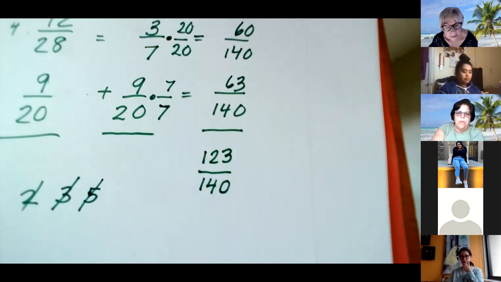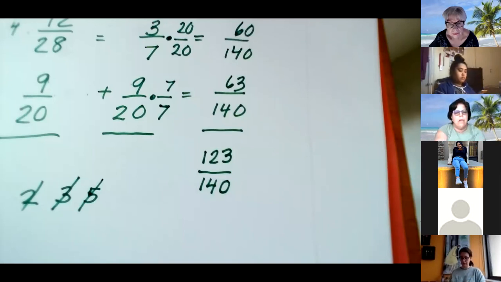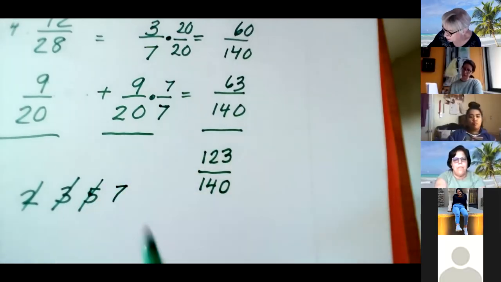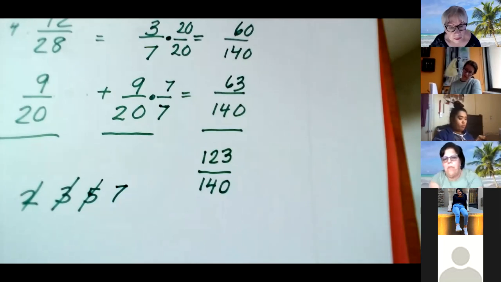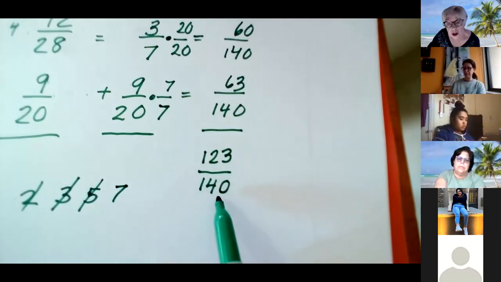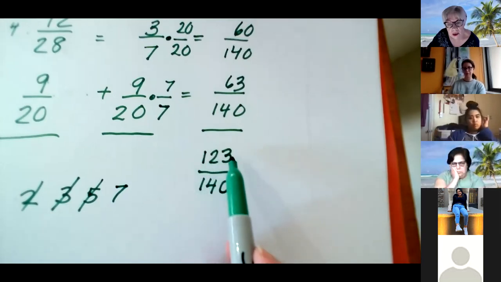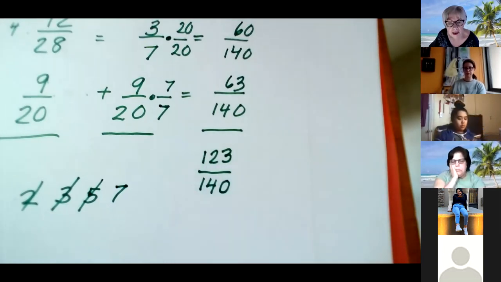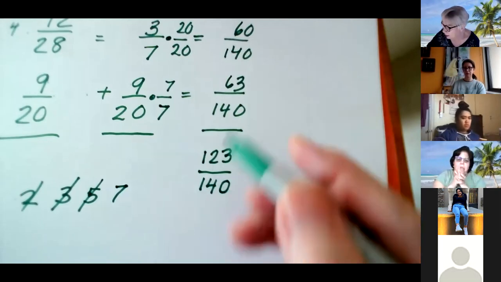What's the next prime? The next prime is 7. I don't think this is going to do. Do you? 7 goes into 140, but I don't think it's going to go into this if you divide it out. I think this is done.